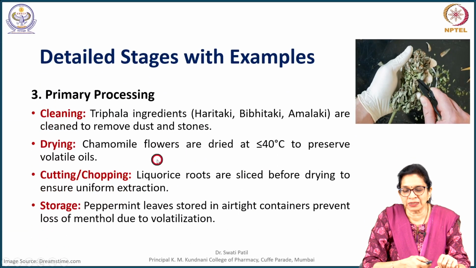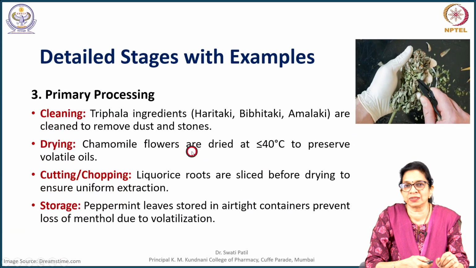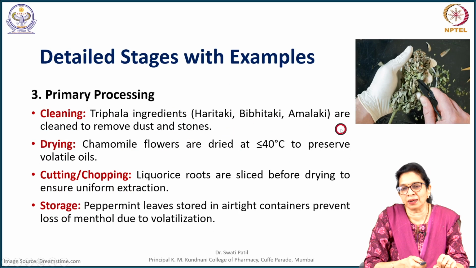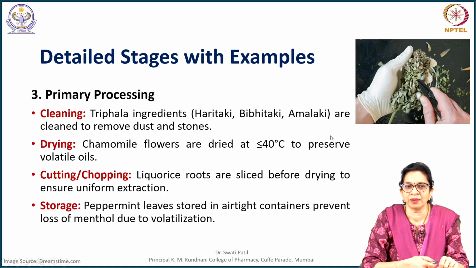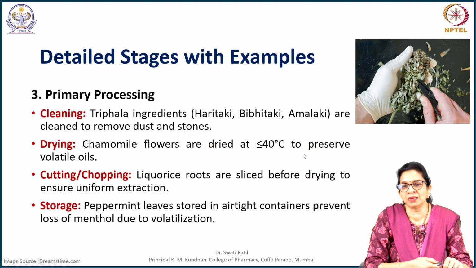The primary processing involves cleaning. For example, Triphala ingredients, these are 3 fruits, Haritaki, Bibhitaki and Amalaki. These are cleaned to remove dust and stones, and if this is not done, then the ash value goes high. Chamomile flowers are dried below 40 degrees, which is very important because the volatile oil in chamomile flowers should be retained.